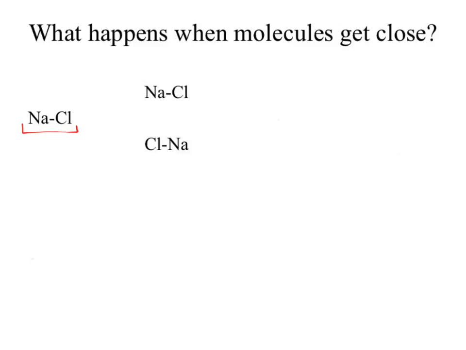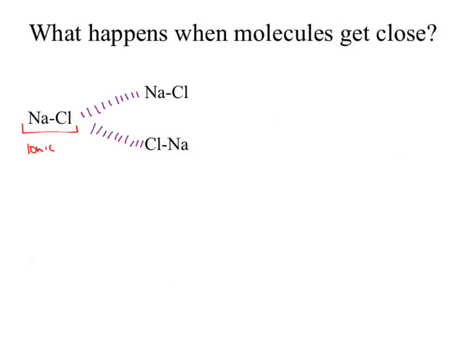What type of bond is there? We have an ionic bond. What I am now concerned about is how does that ionic bond interact with another molecule? The other molecule I picked happened to be the same kind, sodium chloride. So what I'm now asking is which of these interactions is more favorable?